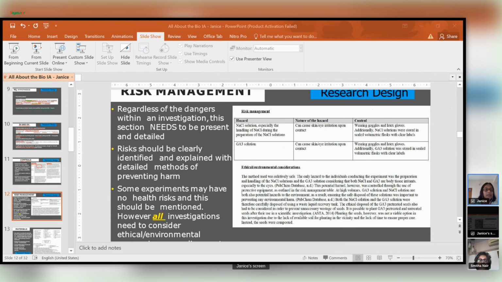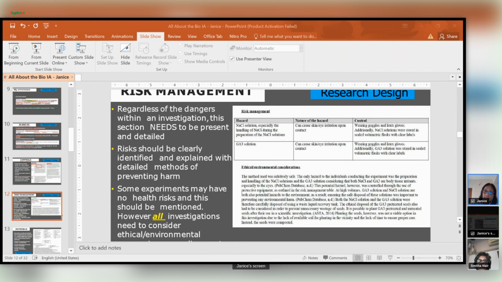So I have written over here, regardless of the dangers, this section needs to be present. This is very important. The risk has to be clearly identified and explained. In some experiments, if you take secondary data, the secondary data may not have the health risk, and this should not be mentioned.